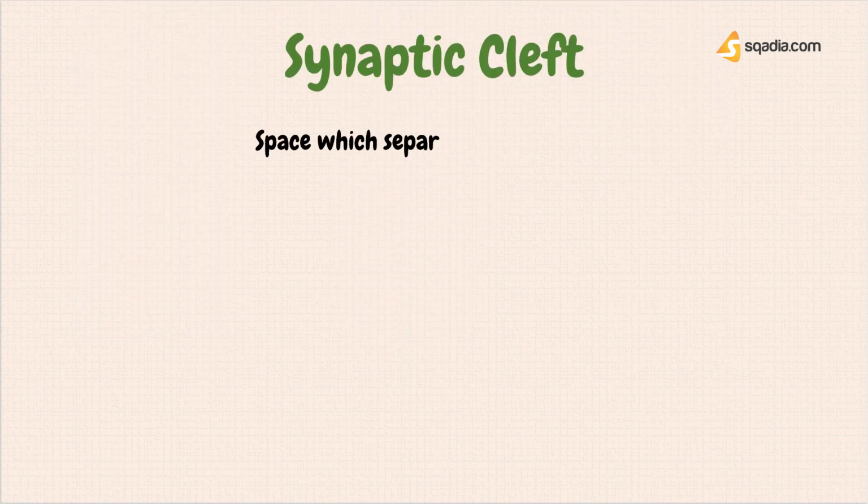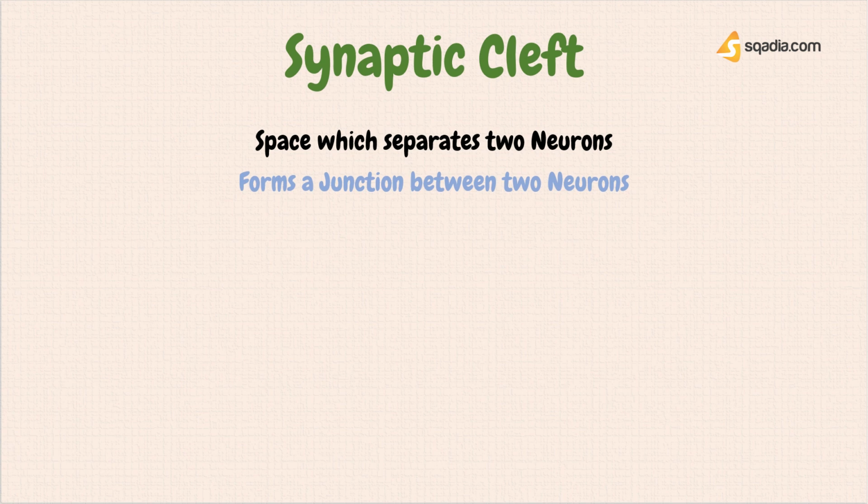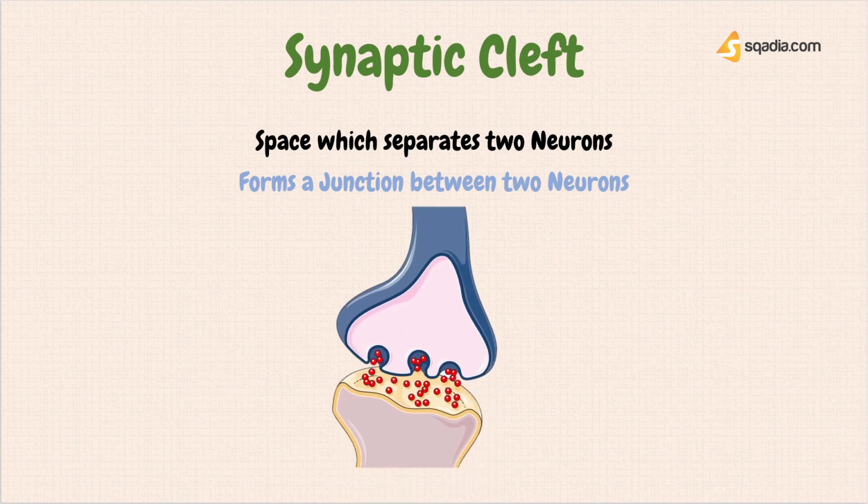Now we are going to talk about the space-like structure, which is also an important component of the neuromuscular junction. This is the synaptic cleft. The synaptic cleft is basically the space which separates the two neurons and so acts like a junction between two neuronal ends. Why does it act like a junction?